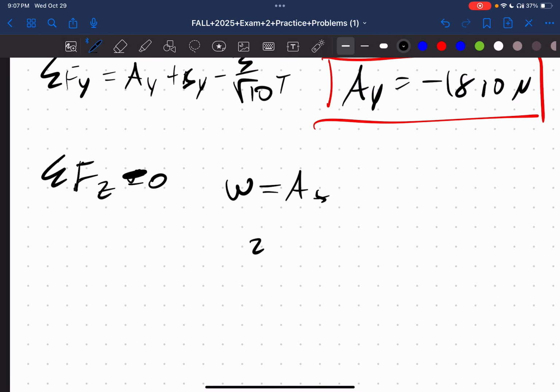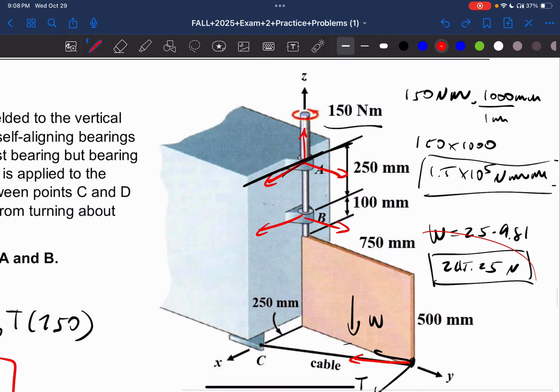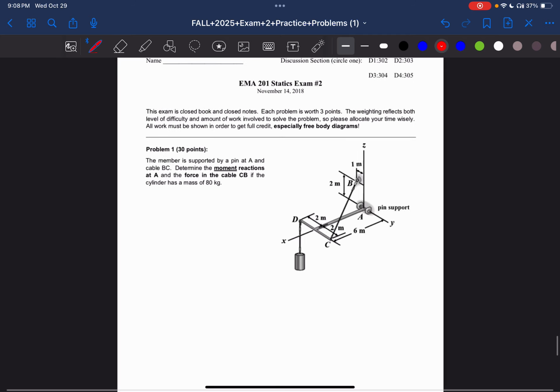So the weight is 245.25 newtons, which is equal to Az, sorry, in the z direction. The weight is known because we calculated that over here. Okay, next problem. Wait, are we done?